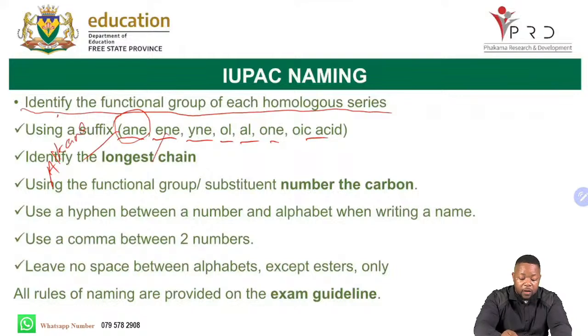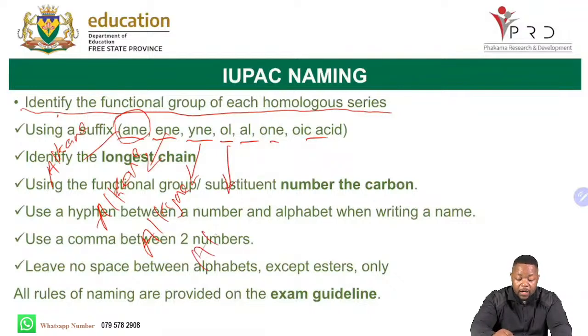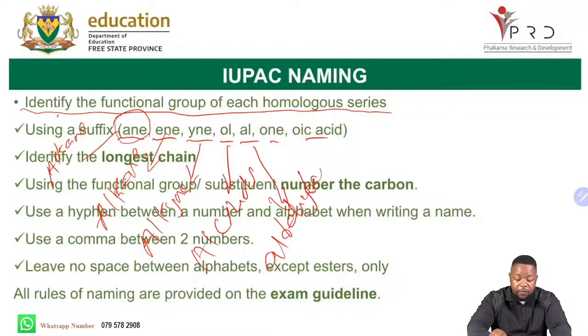And then we have the ENE, that is the name ending of the alkenes. Then we have the INE, that is the name ending of the alkynes. Then we have OL for the alcohols. The alcohols, they have a name ending OL. Then we have AL for the aldehydes. Aldehydes, they have the name ending AL. Then we have the ONE, that is the ketones.